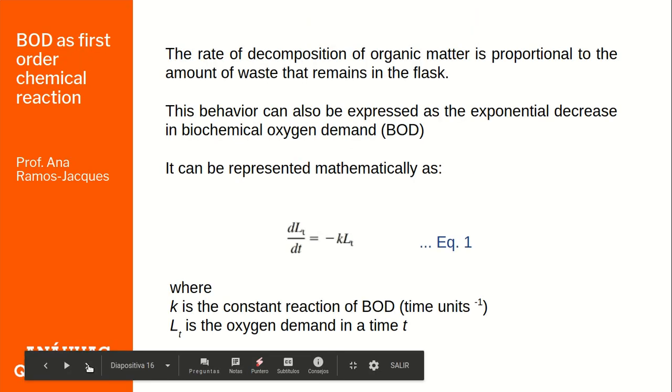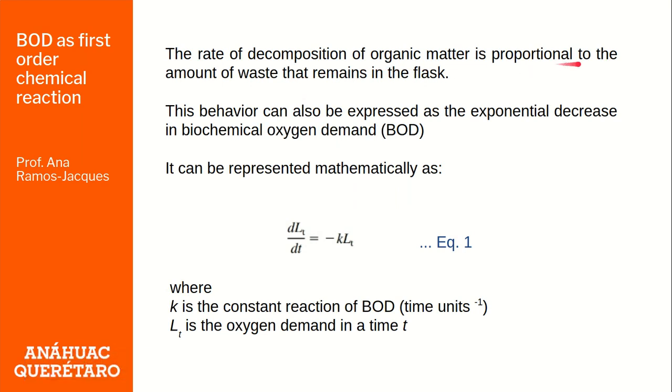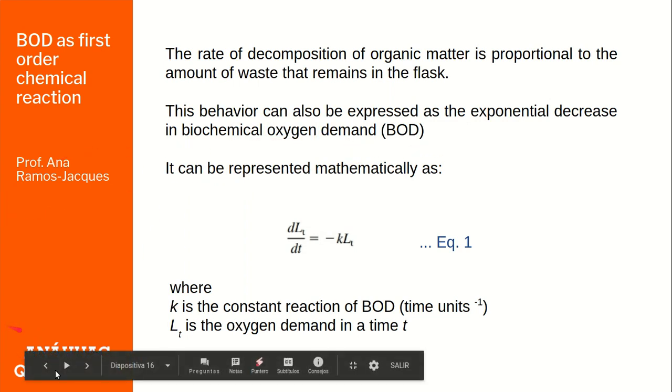The rate of the decomposition of the organic matter is proportional to the amount of waste that remains in the flask. So this behavior can also be expressed as the exponential decrease in biochemical oxygen demand.